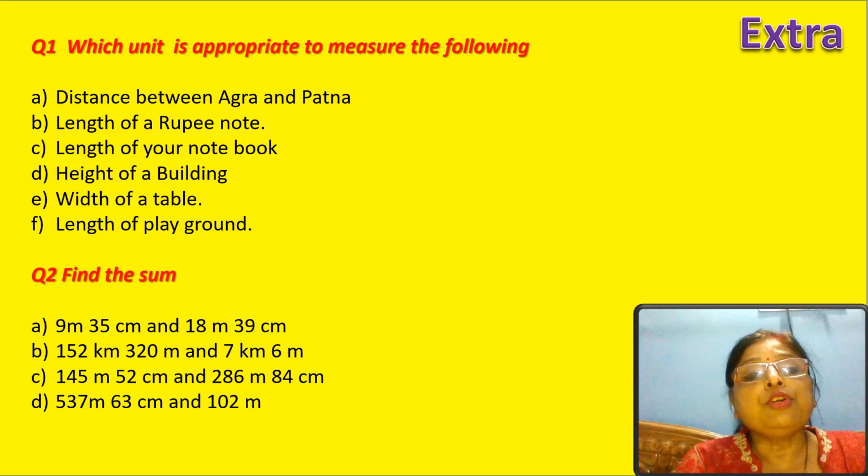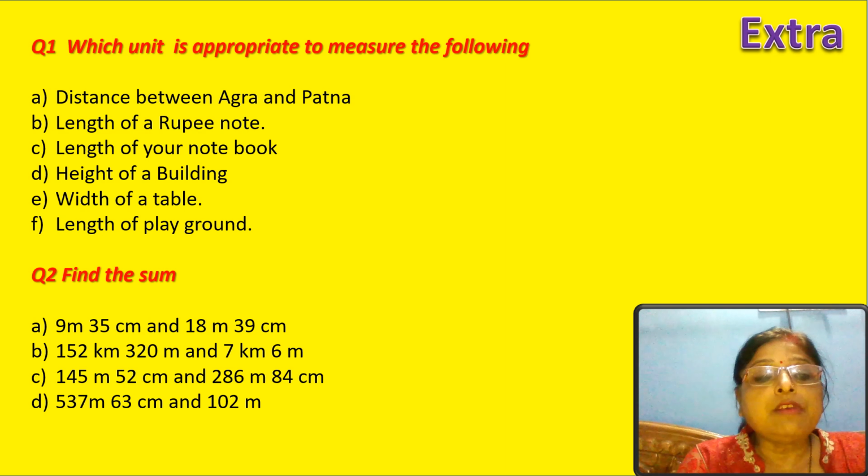First question is, you have to write the unit to measure the following: distance between Agra and Patna, length of a rupee note. Already you know about it and you have to do it yourself. Next question, find the sum. The process of this question has earlier been discussed, so you do it in your copy and then send the answers.